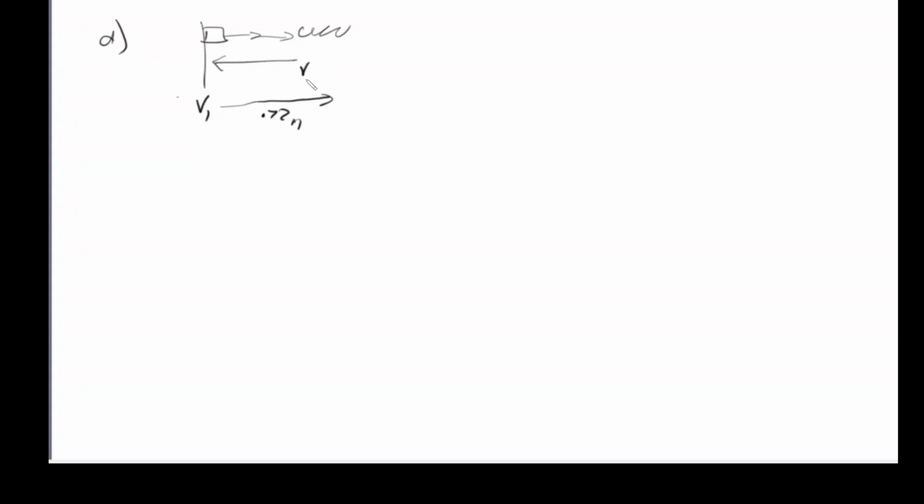And v initial is equal to 0 because it was at rest. So we know that kinetic energy final minus kinetic energy initial is equal to the work of the spring minus the work of the friction.